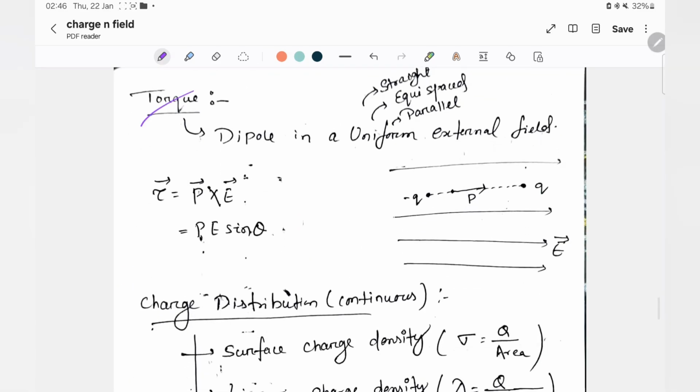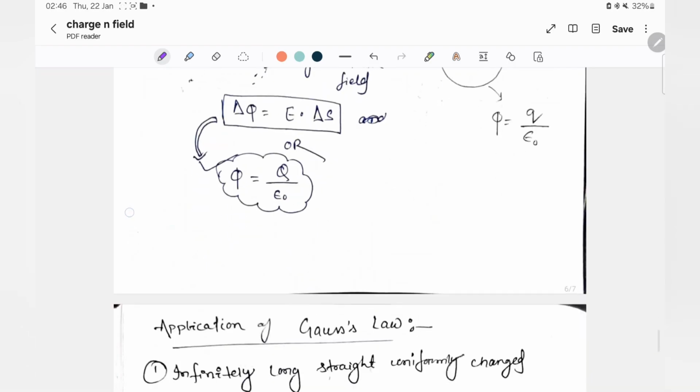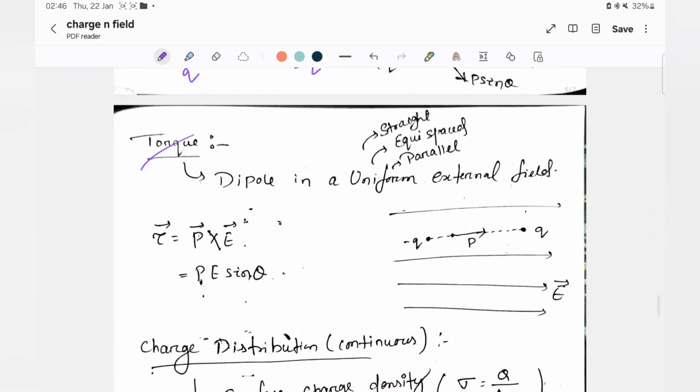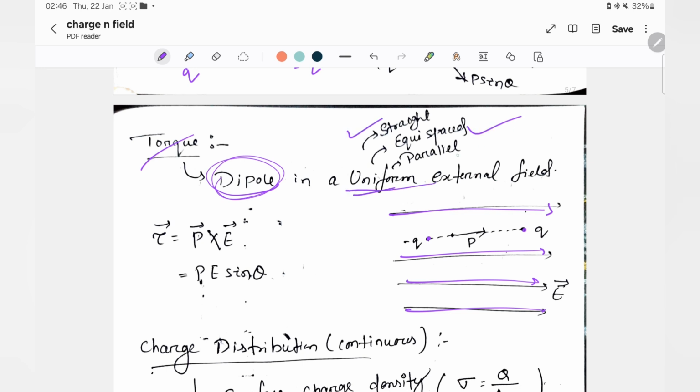Now come to the torque. So what do we mean by torque? If we place a dipole in a uniform electric field, what do we mean by uniform? It has straight, equispaced and parallel lines of force. So what will happen? The dipole will experience some torque.